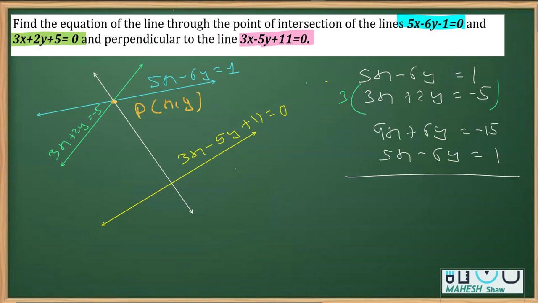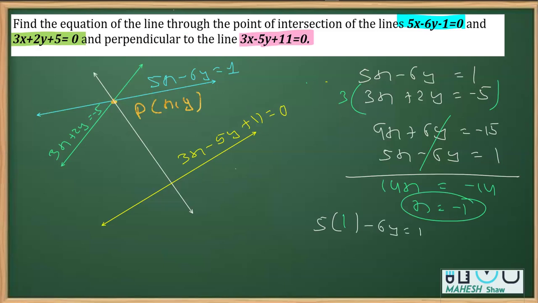I'm using elimination. I can say this gets cancelled. This is coming as 14x, and this is minus 14. So x is equal to minus 1. Once we get the value of x, I'm going to place the value of x in this equation. So this is 5, and replacing x here, we got the value of x as minus 1. So 5 into minus 1 is minus 5, minus 6y is equal to 1.